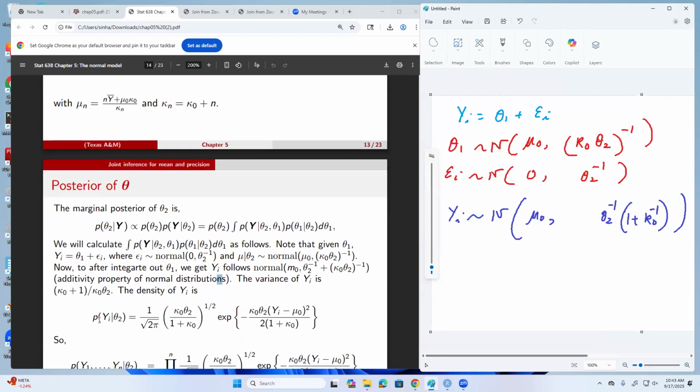So the density function, if you write the density of yi given theta 2, is now yi minus its mean divided by its variance. So if you do the calculation, the variance turns out to be as written.